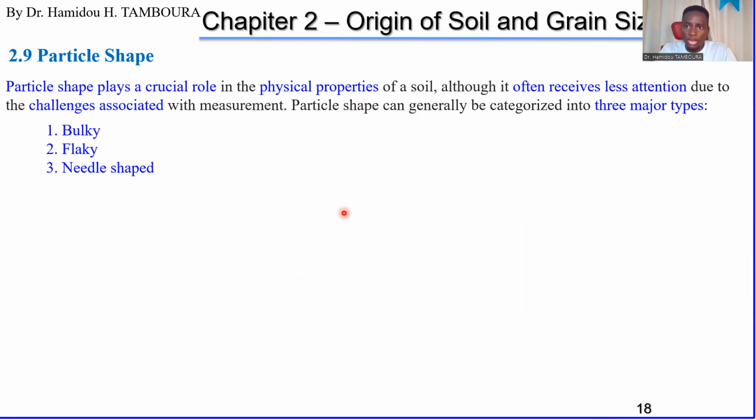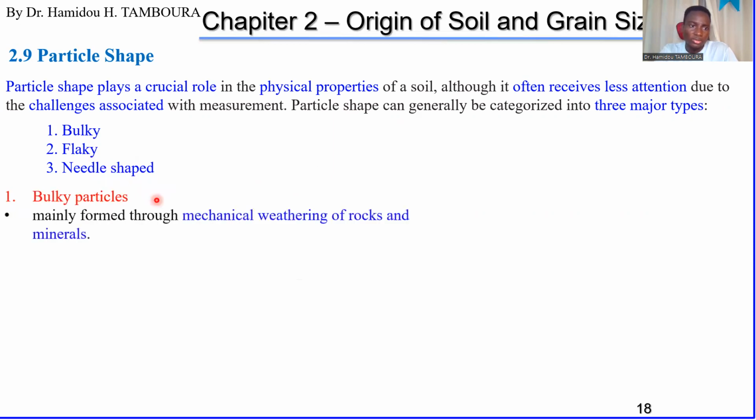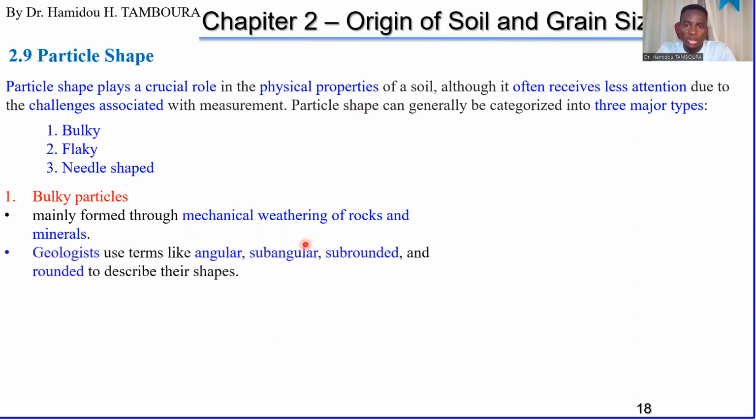Okay. But there are three major types of particle shape we have: bulky, flaky, and needle-shaped. So the bulky particle, you have this one mostly in sand, mainly formed by chemical and mechanical weathering of rock and mineral.